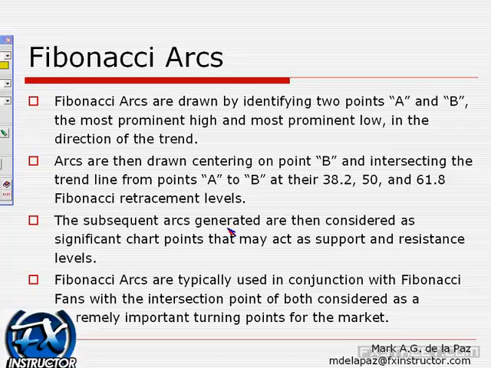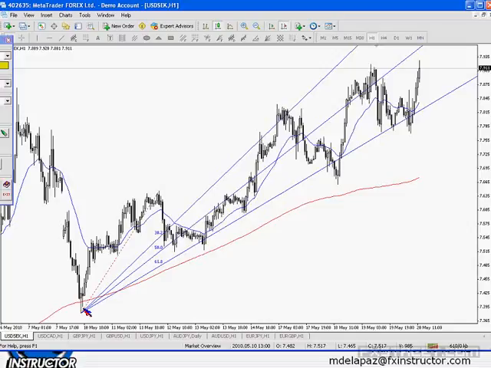In the fan lines, we initially had a fib retracement, and then the software drew a diagonal line starting from the starting point of your price swing. In Fibonacci Arcs, we do the same.